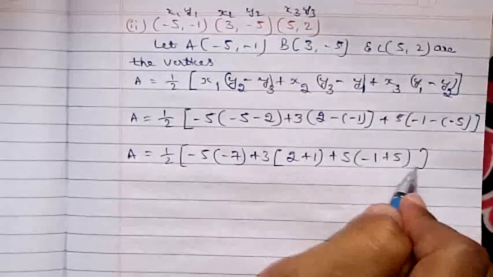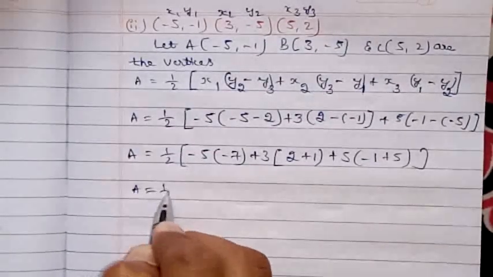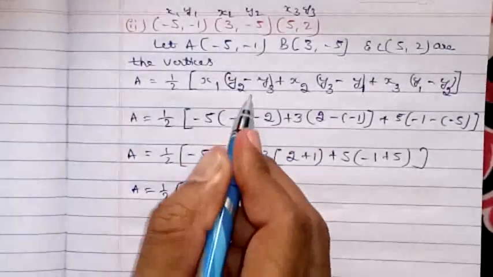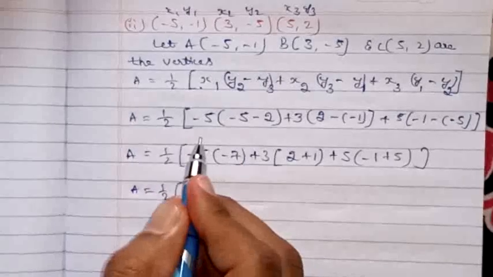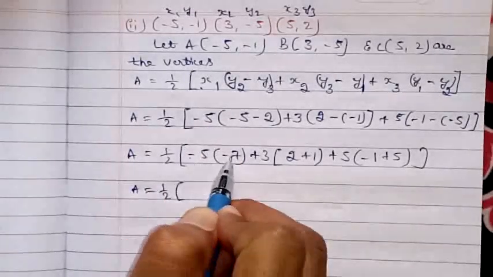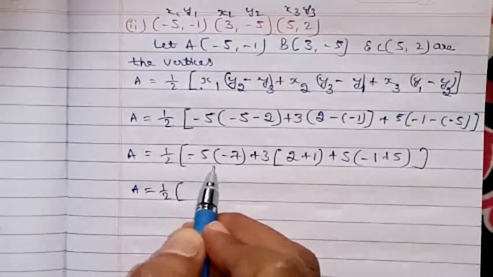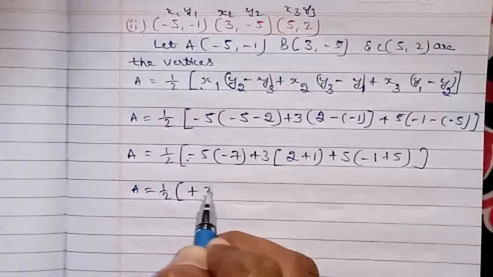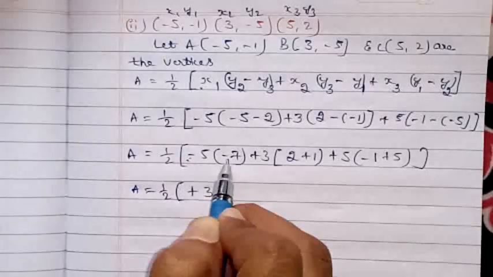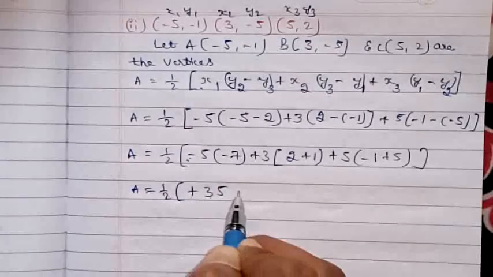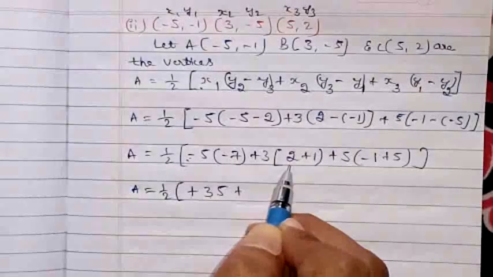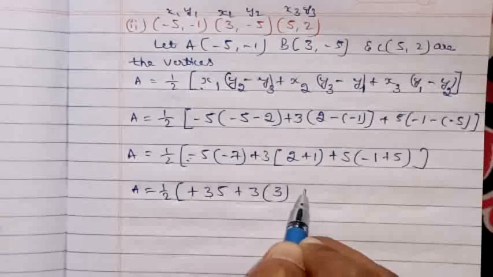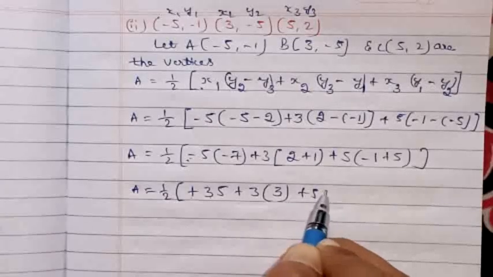Now simplify this. A is equal to half into, now you have subtracted y2 minus y3. Now you need to multiply it by x1, right? So multiply minus into minus, and also multiply the symbols. Minus into minus will be plus, so 7 5s are 35. Now plus, I'll write 3 as usual. 2 plus 1 is 3, right? Now here plus 5 as usual.